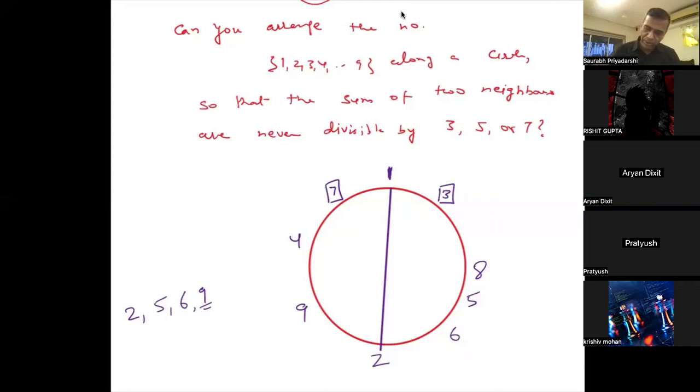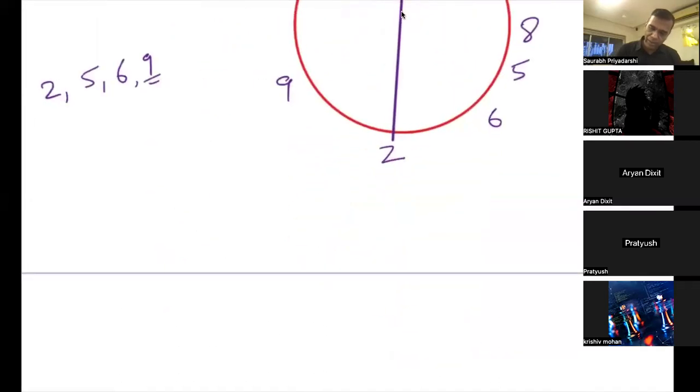The sum is not coming, so I have started कि the neighbors of 1, 2, and 4, they have only 2 neighbors. Each and every number has 2 neighbors only, right? For 1, the neighbors are 7 and 3.